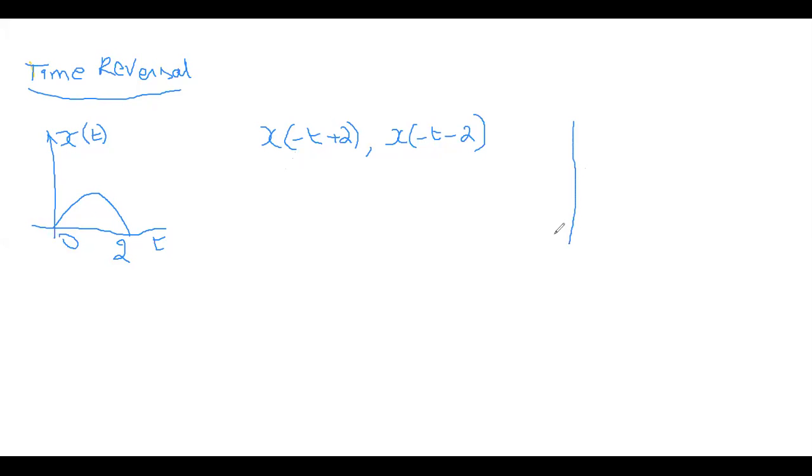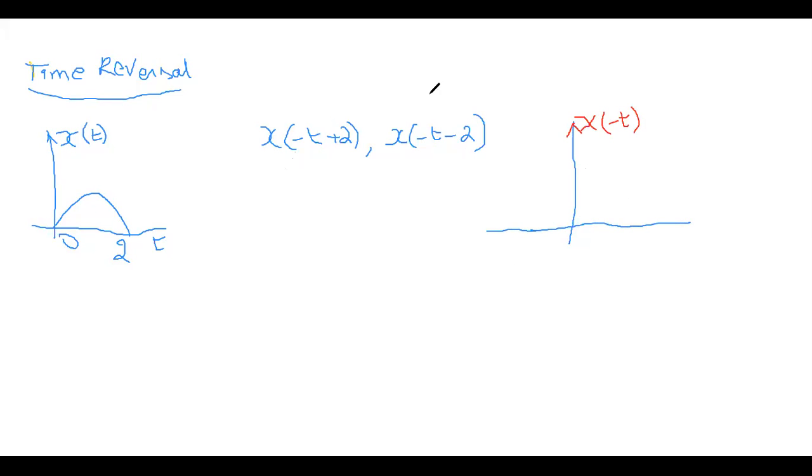Now see here, this is x of minus t. I am going to represent x of minus t here. Just now I told you that x of minus t is nothing but the mirror image of the original signal, x of t.